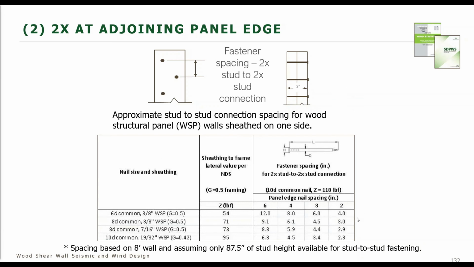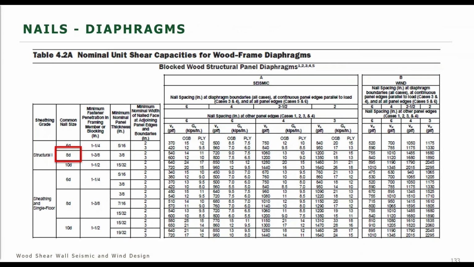And this is a handy table that was developed by Phil Line, our seismic wind guru at AWC. And he developed this table just based on what's in the NDS and came up with some applicable nailing for different nail spacing of shear walls.